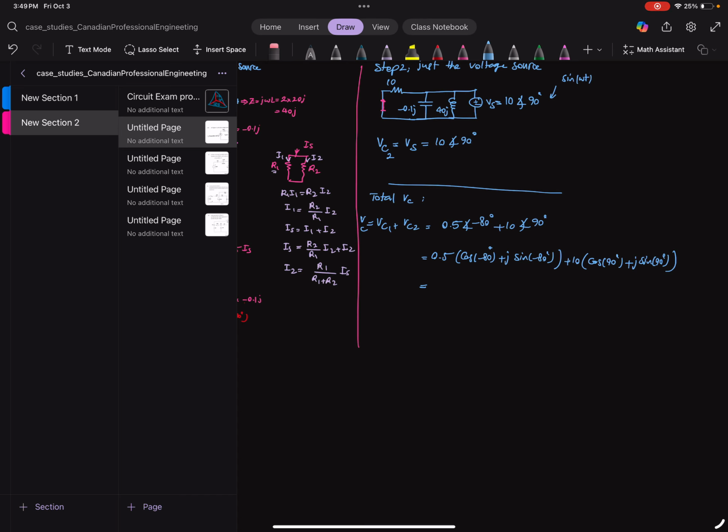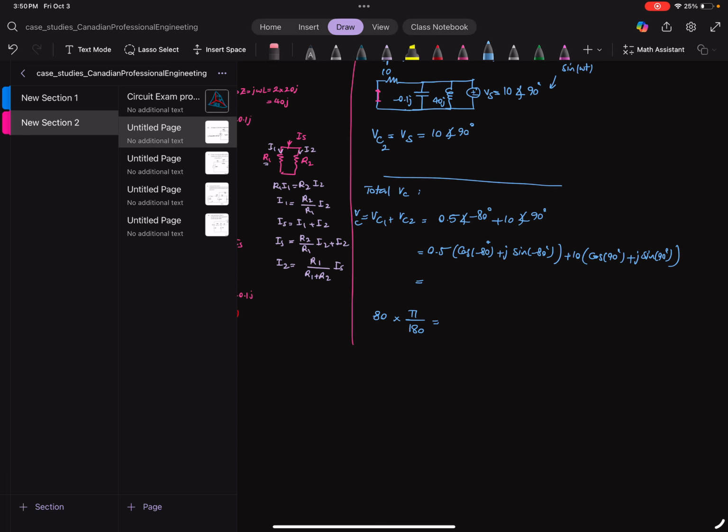We have to convert it to radians. Be careful if you're using a calculator. To convert degrees to radians, you have to multiply by pi over 180. So 80 multiplied by pi over 180, and then cosine of 1.39.